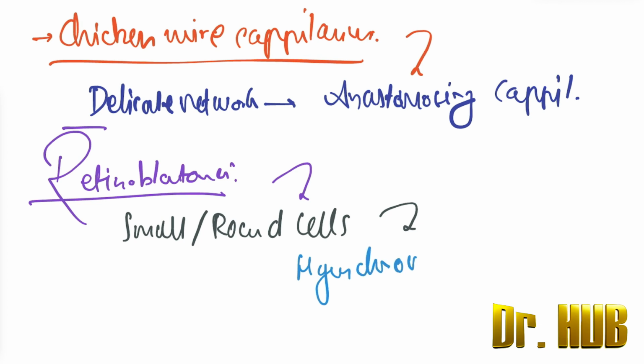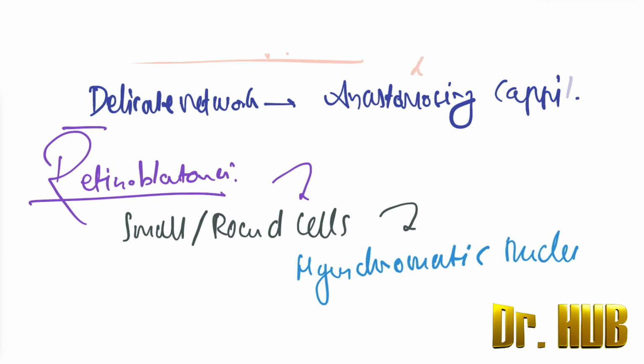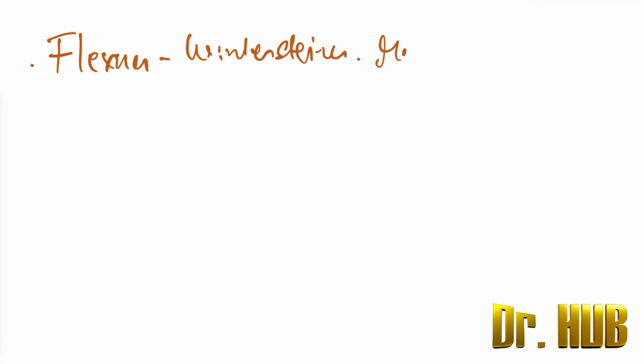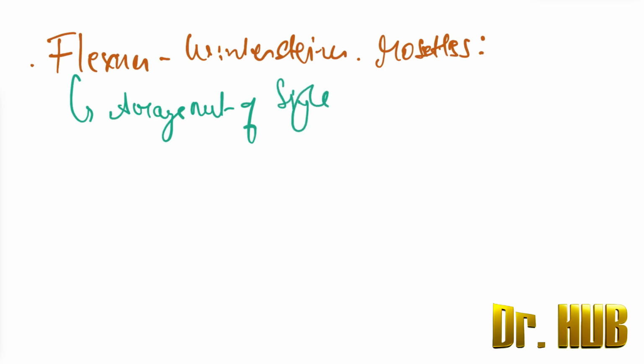There is also the presence of Flexner-Wintersteiner rosettes. These are arrangements of a single layer of tumor cells around an apparent lumen.